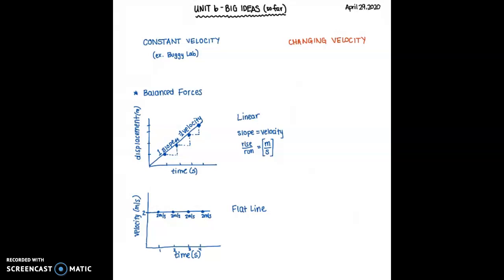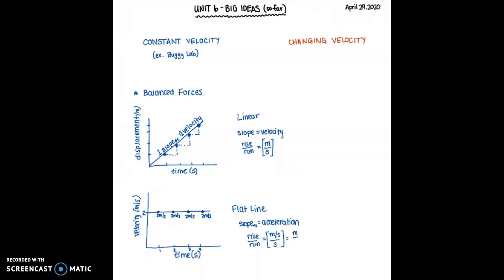As we have learned, the slope on a velocity time graph represents acceleration. How is the velocity changing over time? If you ever forget that, you could look at the units, doing rise over run, rise in meters per second, and run in seconds.